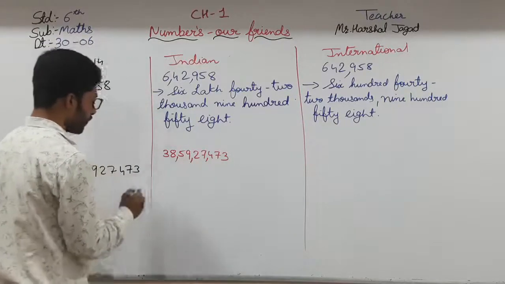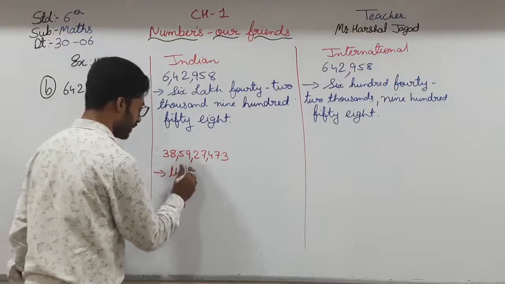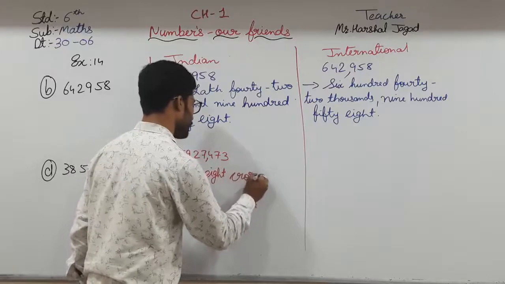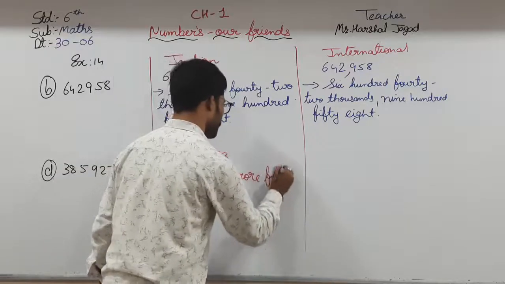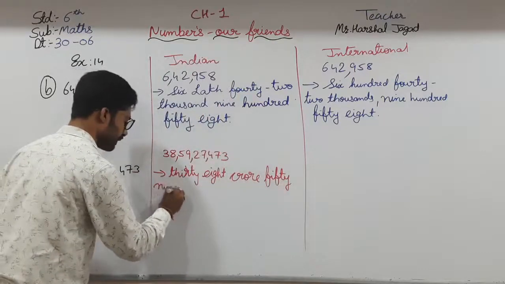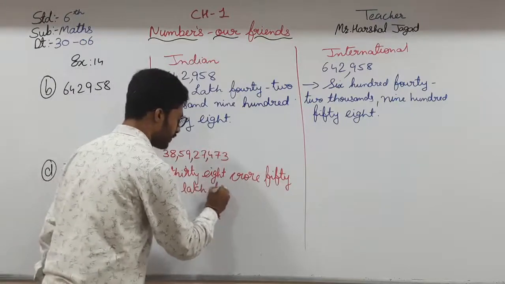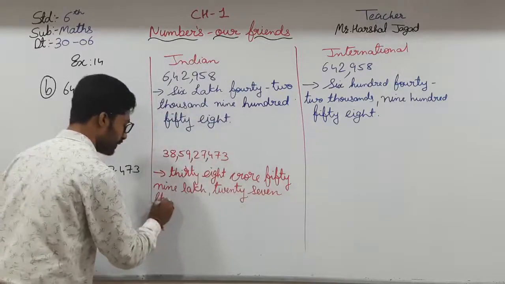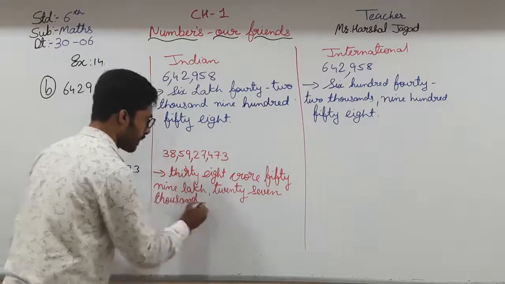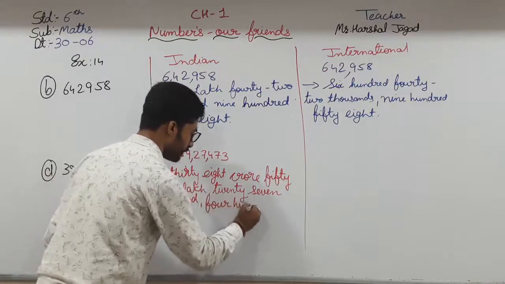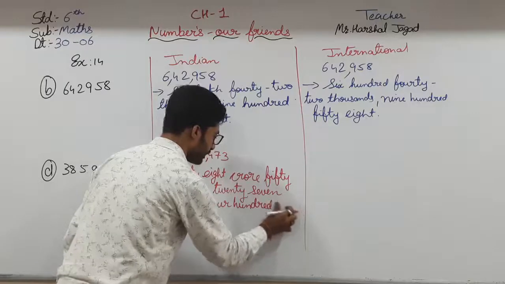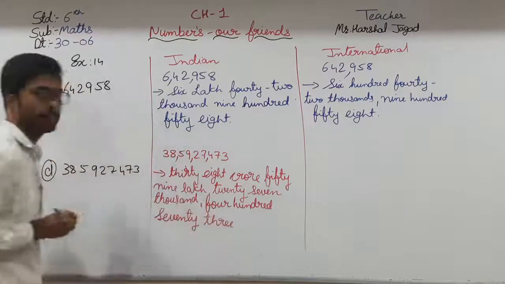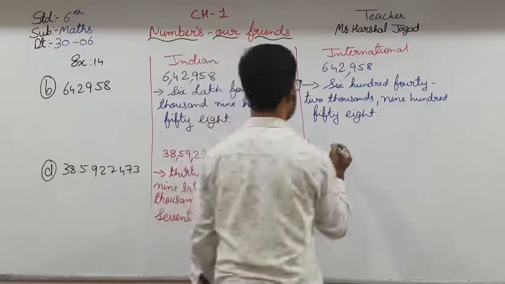Then after here we can write 38 crore 59 lakh 27,000 473. Okay, 473.